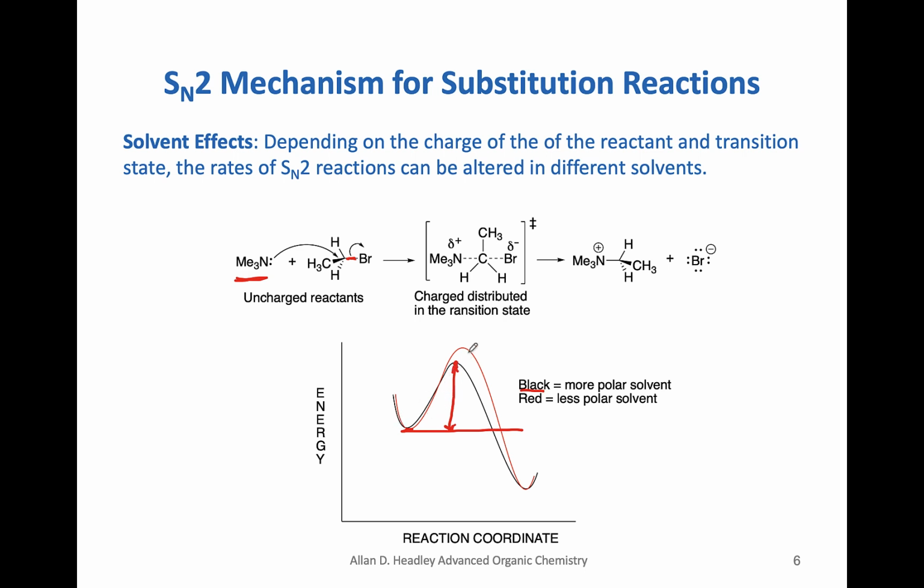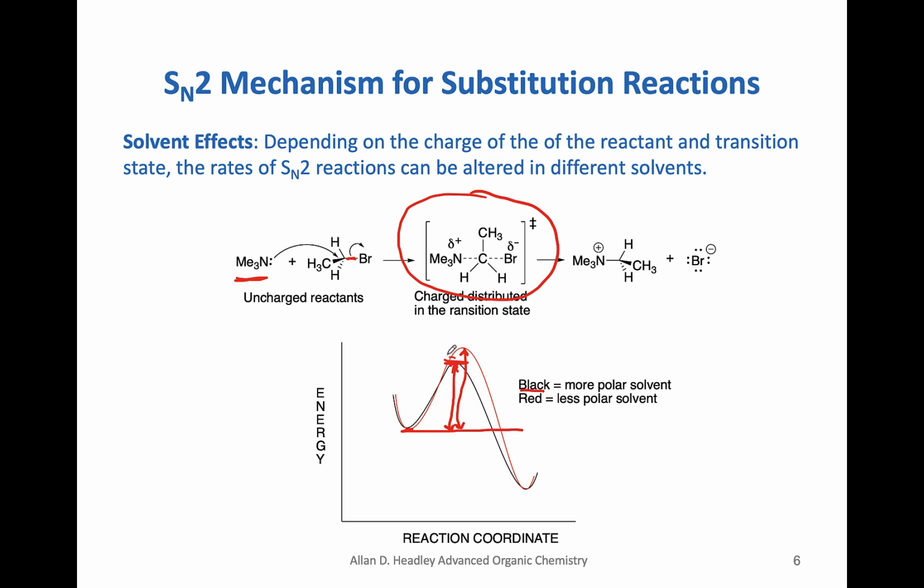is less than for the less polar solvent here, because the more polar solvent is solvating this charge distributed transition state, lowering its energy, which means that there is less energy of activation, faster reaction.